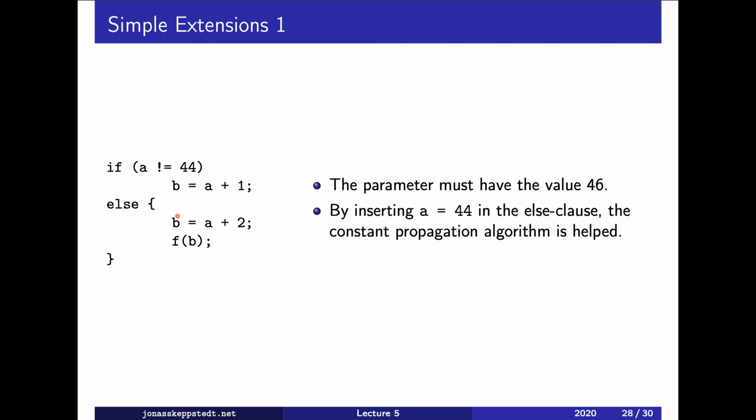So we can insert that A must be 44 in the else clause. So we can insert A equals 44, or represent that in some other way in the code. And then we can evaluate this.